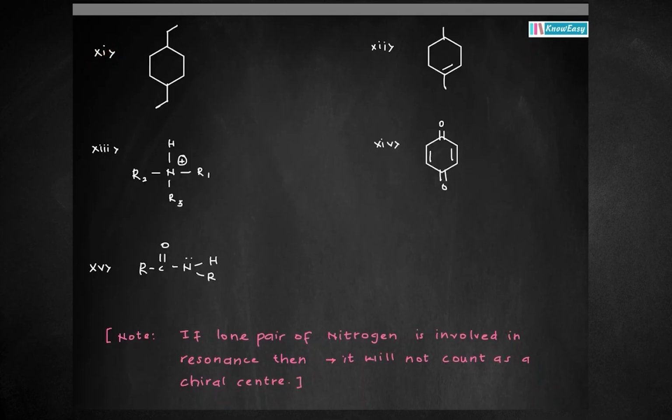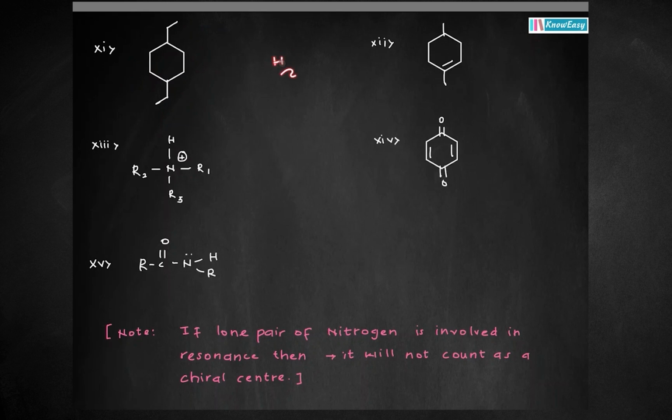If you look into this question carefully, you will see the hybridization of every single atom is sp3, but this carbon, this carbon, this carbon, all these positions which I just marked have at least 2 hydrogens. That means even if it is sp3, if it has 2 same valencies, it will never be a chiral atom.